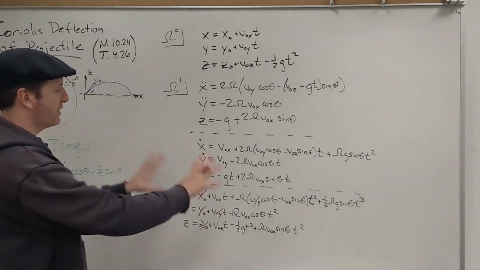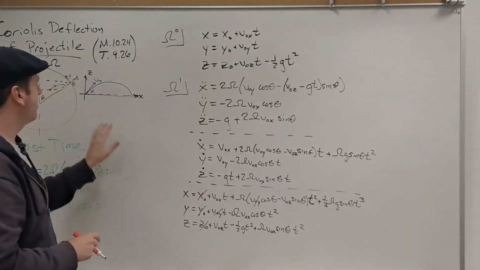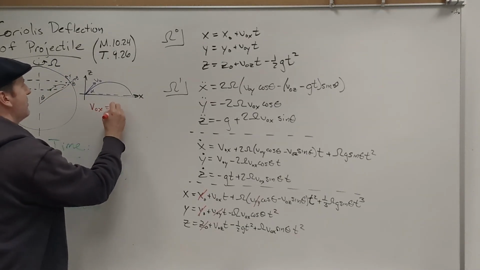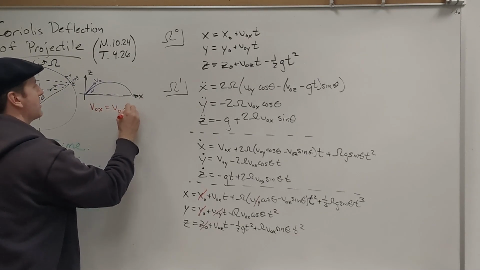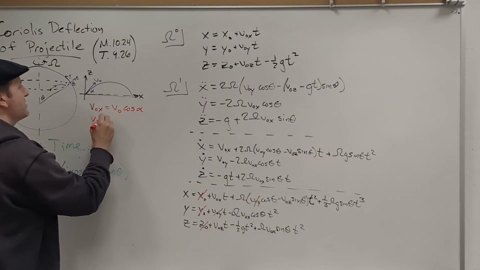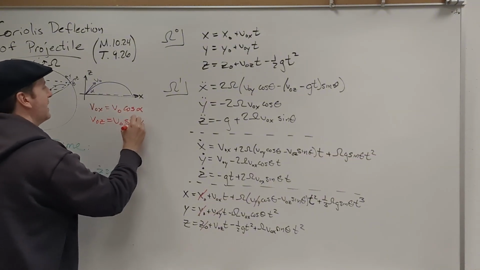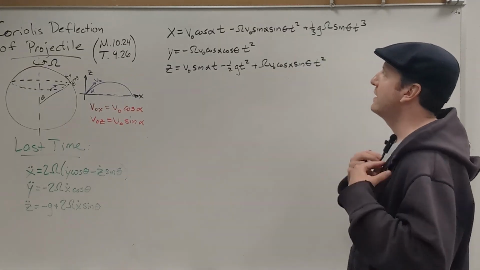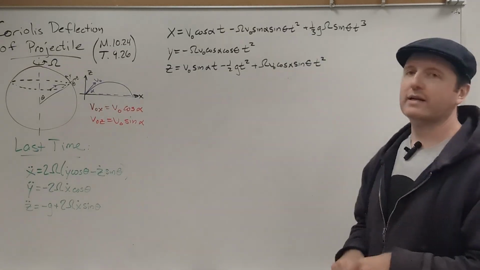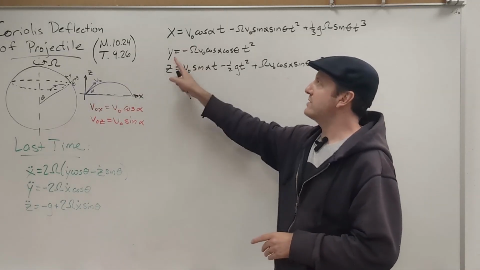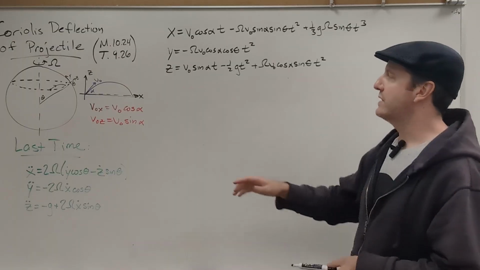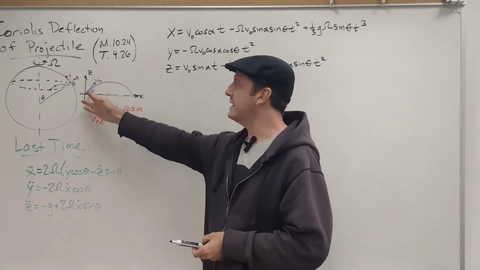So let's bring this to the top, and I'll plug in the v naught x component, which will be the horizontal, that's cosine alpha, and the v naught z component, which will have a sine alpha. So let's see what that looks like. Okay, so here are our slightly simplified equations for east-west, north-south, and vertical for this launch occurring towards the east from the origin.